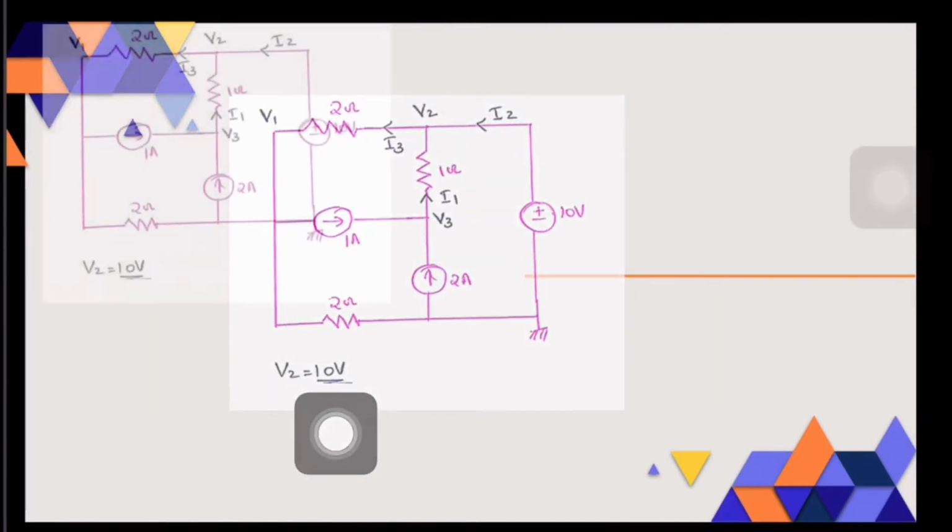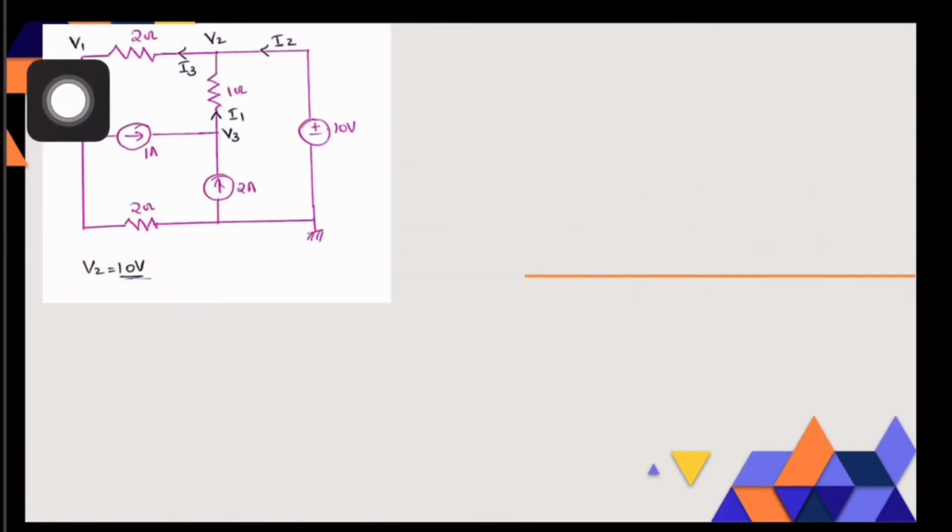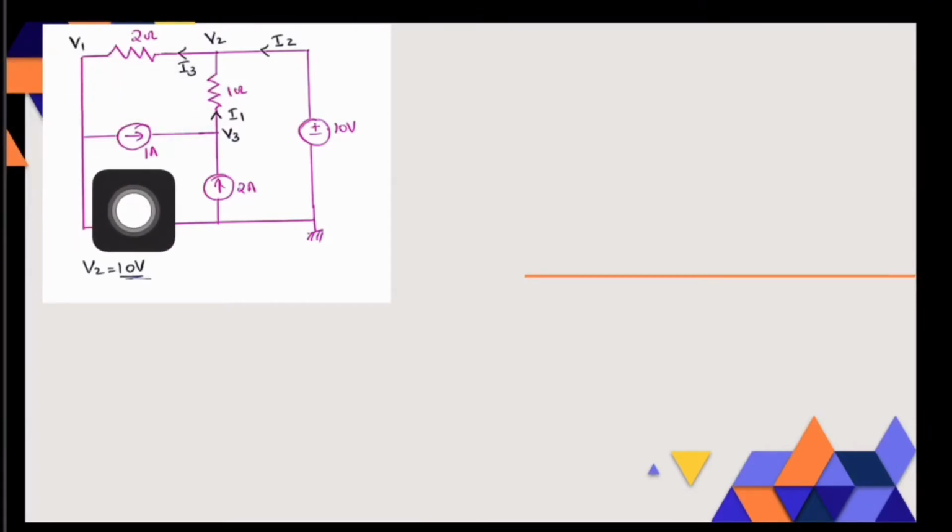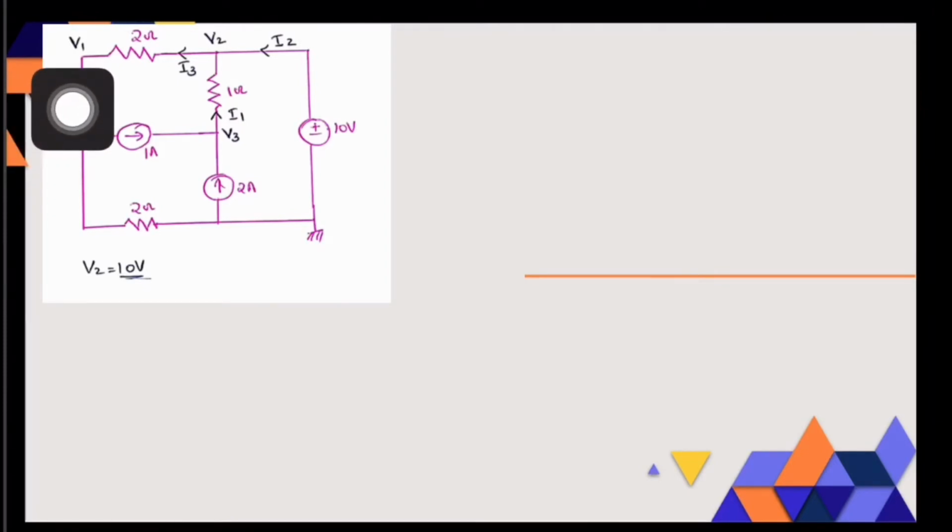Got it? Now we are going to write KCL equation at node V1. At node V1 we have 3 branches and correspondingly 3 branch currents. At node V1 we have one outgoing current 1 ampere and 2 unknown currents. Since we are writing KCL at V1, we assume these unknown currents as outgoing currents at node V1.